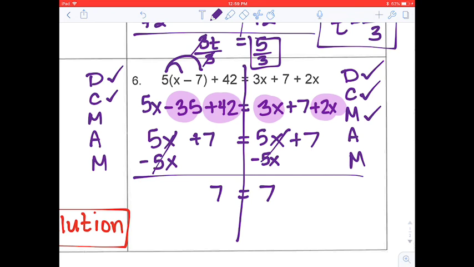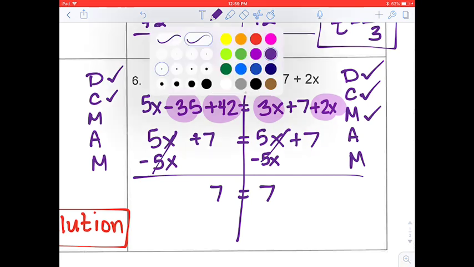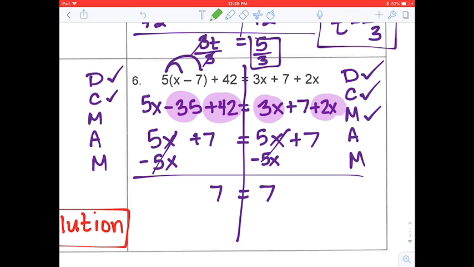Okay, that's better than before. 7 is equal to 7, so that's true. So if 7 equals 7, no matter what, and my variables are going to cancel out because it's the same 5x on both sides, that means it doesn't matter what I plug into this equation.